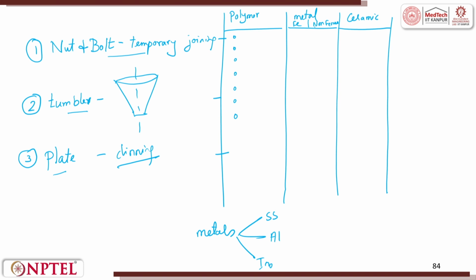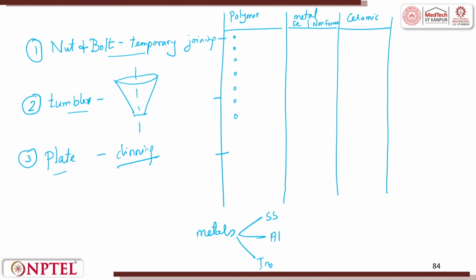When you try to do it under metals, for example, I will do stainless steel, fine. I will do something else, fine. And then when you try to have a tumbler, sometimes you will also drink tea. When you drink tea, if the thermal conductivity is very high, it is difficult to hold. So, you will try to look for a low thermal conductivity. Then you might go to polymer, or you might go to ceramic such as glass.